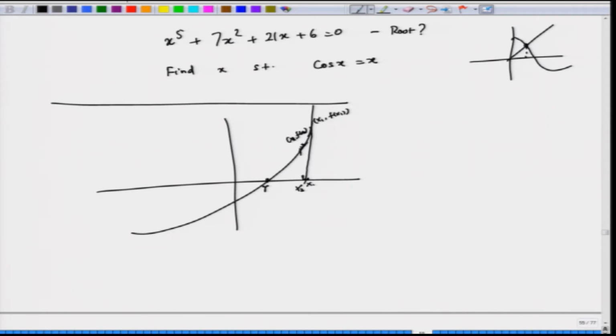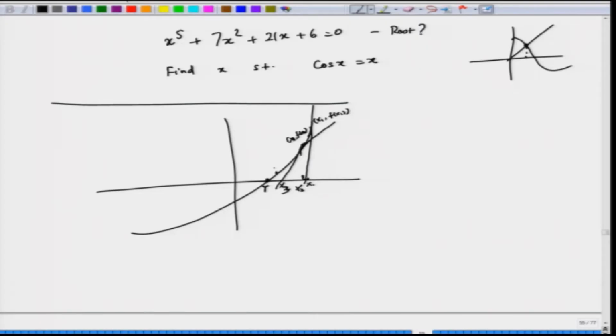Now, I draw a tangent at x 2, f of x 2. So, I am going to get x 3. This tangent line cuts the x axis at the point x 3. So, I consider here x 3, f of x 3, then again I draw a tangent which is going to cut the x axis at x 4.